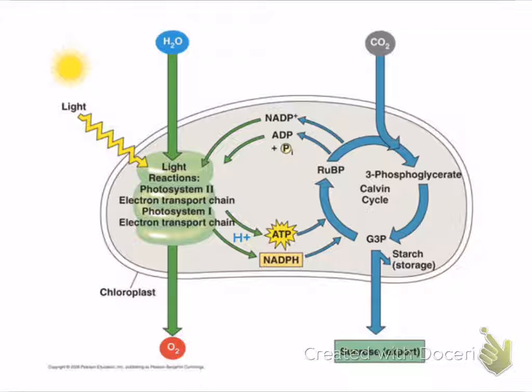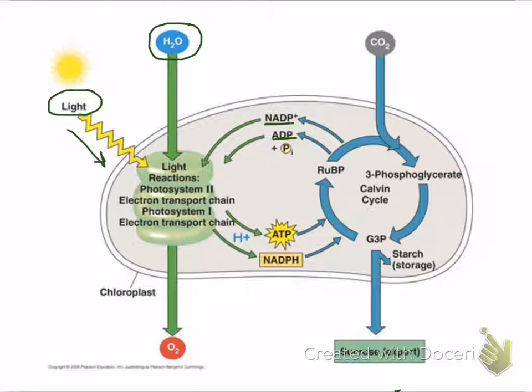Remember what we said. The light reaction requires light and water. And it also uses NADP and ADP. And the steps of what happened was, first, light hits the chloroplast.